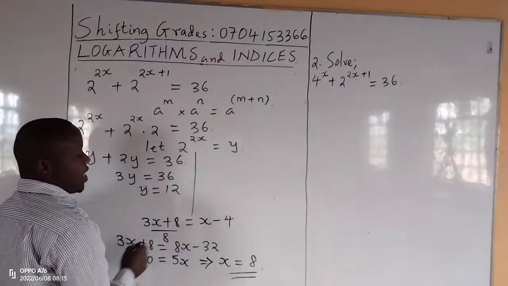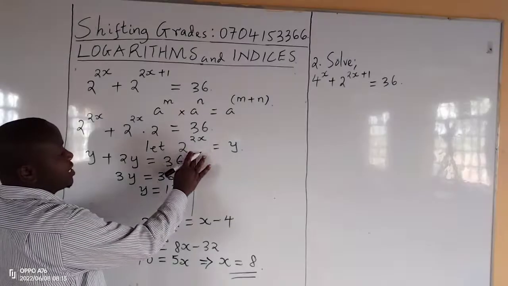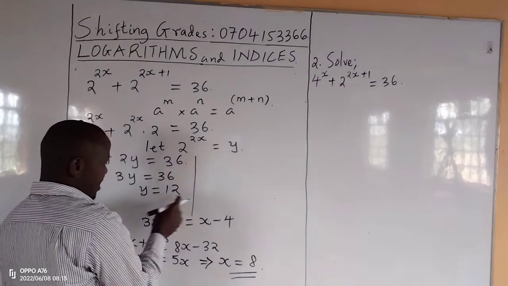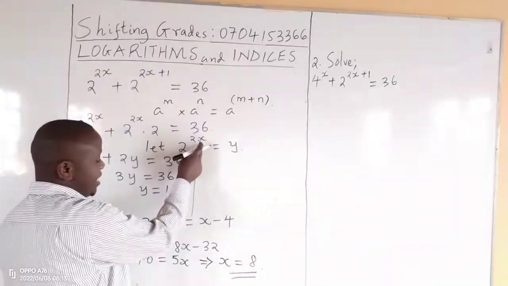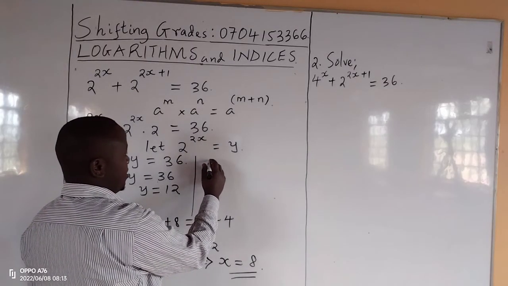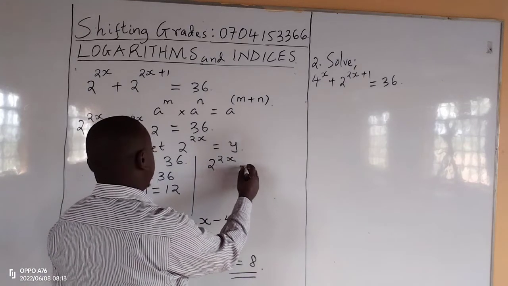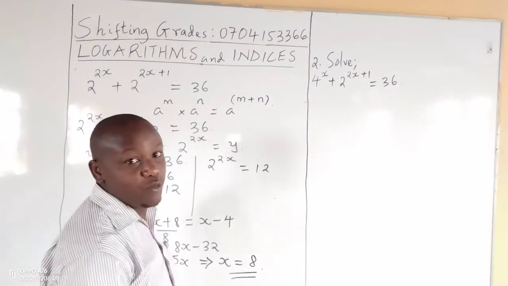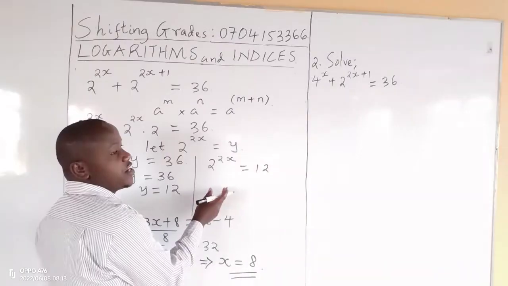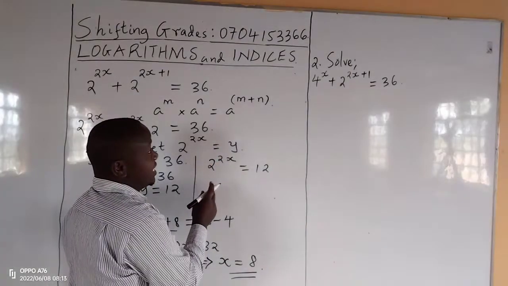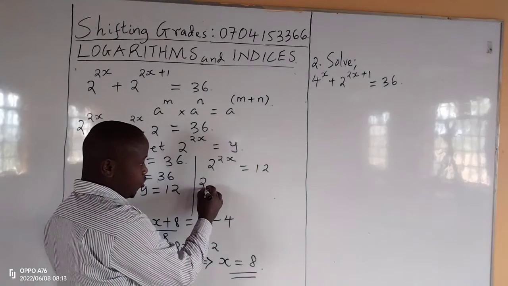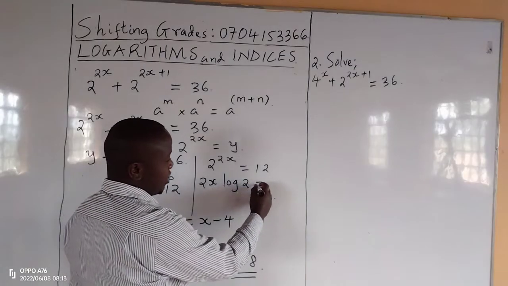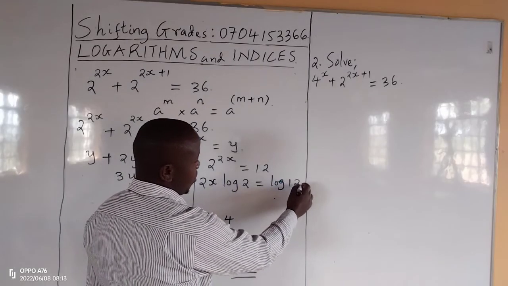Now we know that y equals 12, but y had been let to be 2 power 2x. Therefore, 2 power 2x is now equal to 12. Because 12 cannot be broken into base 2, we introduce logarithms to this indices question, whereby we have 2x times the logarithm of 2 equals the logarithm of 12.